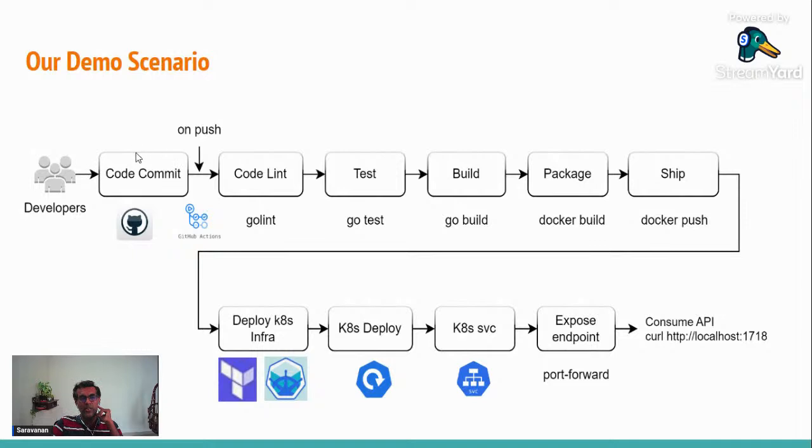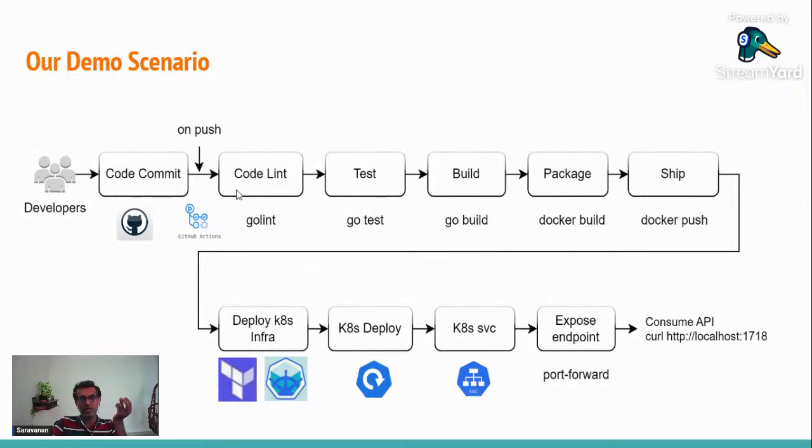In my scenario, I develop the code in Golang and push it. On the code push, it triggers the pipeline. The pipeline has the commands to run go lint, go test, and go build, to run linting, unit testing, and the code build.